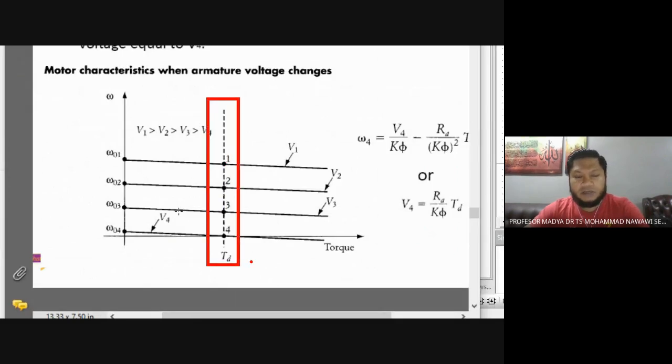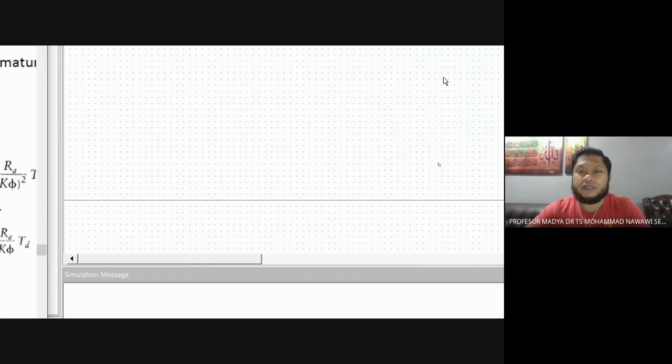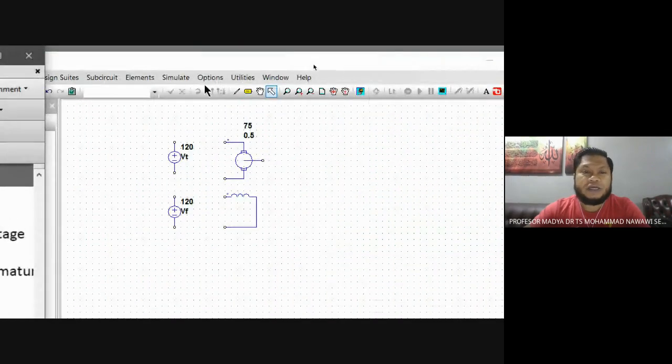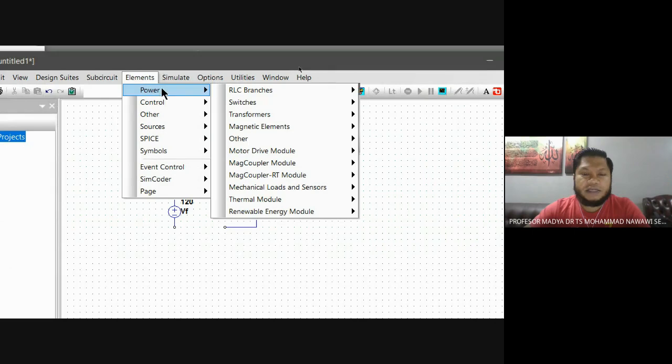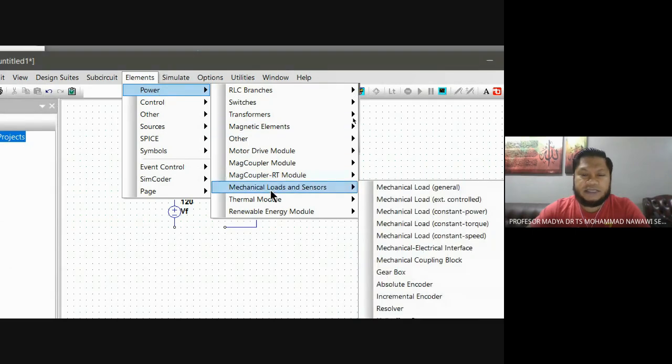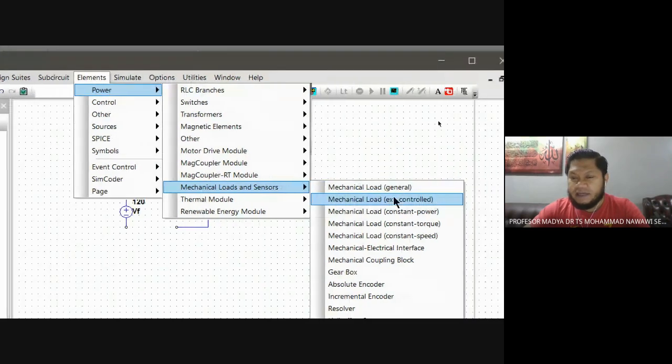The constant load operation. So here, we're going to go to elements, go to power, and there are mechanical loads and sensors. Right? So I go to those mechanical load sensors and look for mechanical load with constant torque.